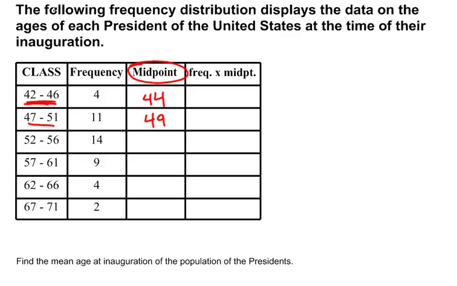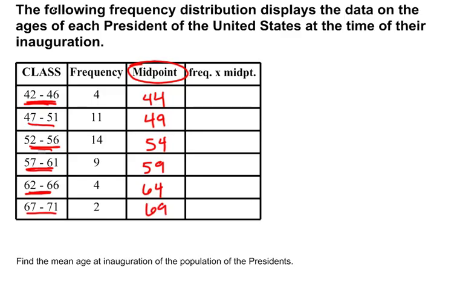The midpoint of the next class, 52 to 56, is 54. I'll rush through these last few: 57 to 61 would be 59, the midpoint of 62 to 66 would be 64, and the midpoint of 67 to 71 would be 69.